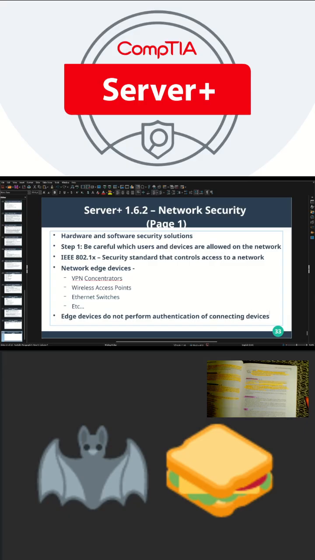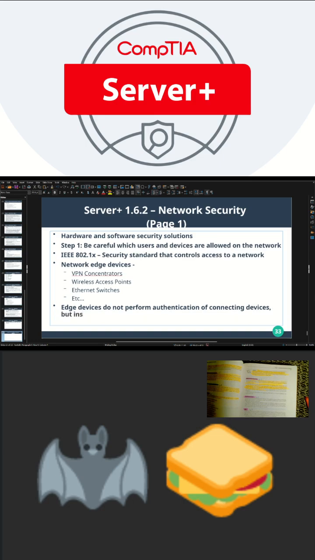You just don't do it. Okay, but what does that mean? Instead, they forward those requests to a central authentication server on a protected network.